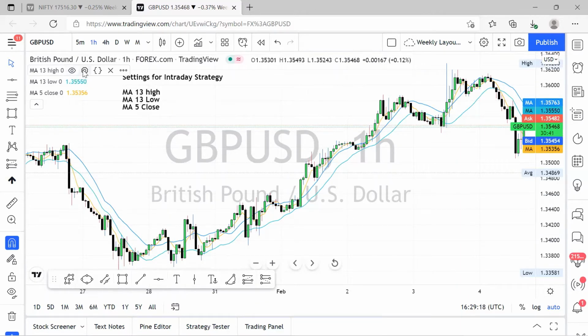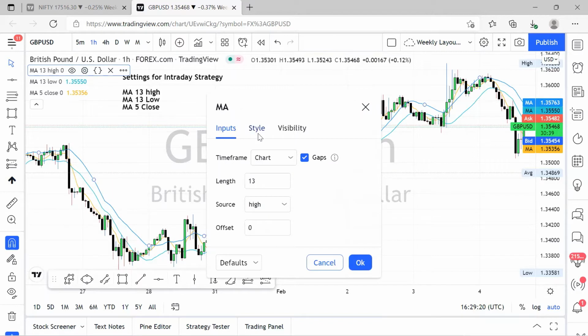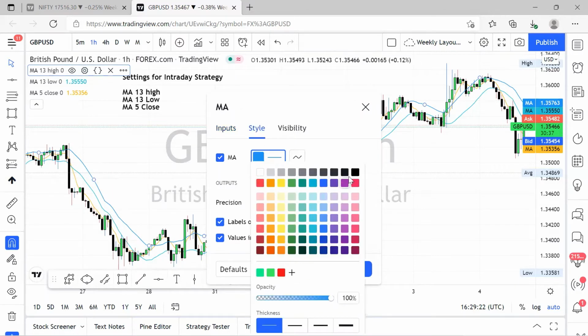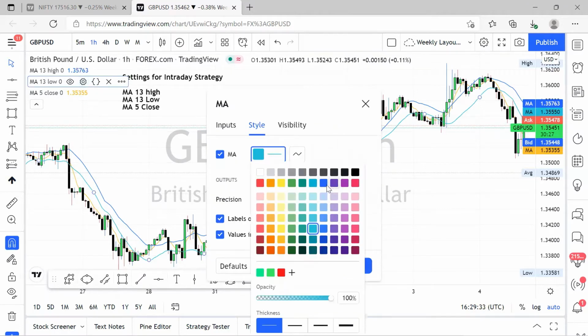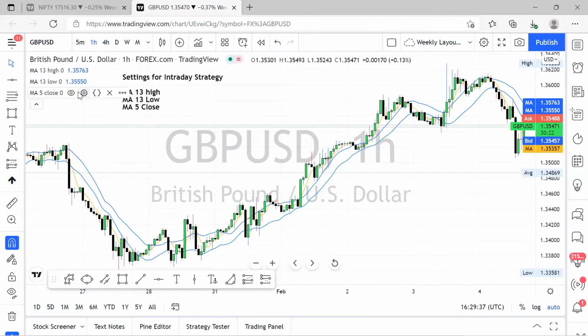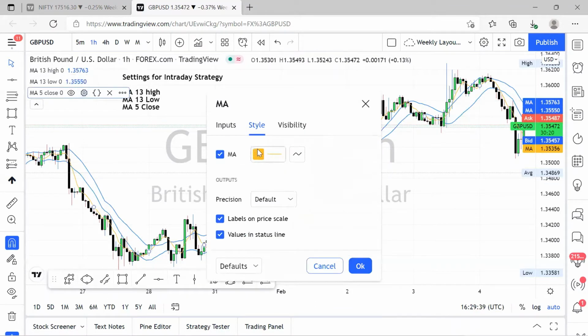So what I'll do is go back here and change the style of it so it makes it easier for you to understand. I'll choose something simple and choose the second one, same way, and just change that last one to something a bit more significant.